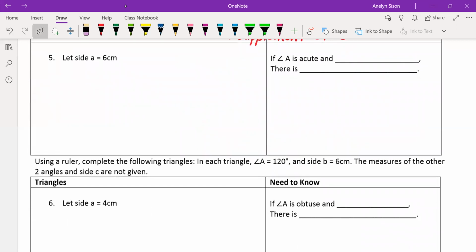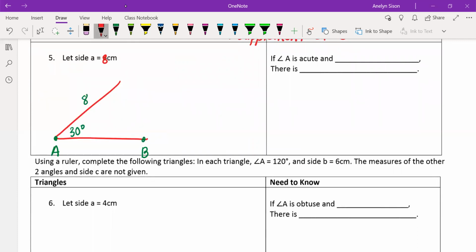So this one, the left side is 6. You know, I'm going to change it to 8, because 6 is equal to that, so you won't have a triangle when it's equal to the opposite side given. So let's say it's 8. So again, we have a triangle. Here is A, here is B, and this is 30 degrees.